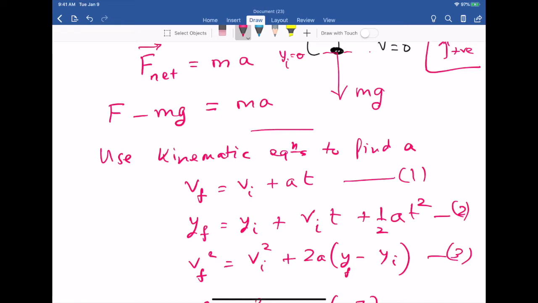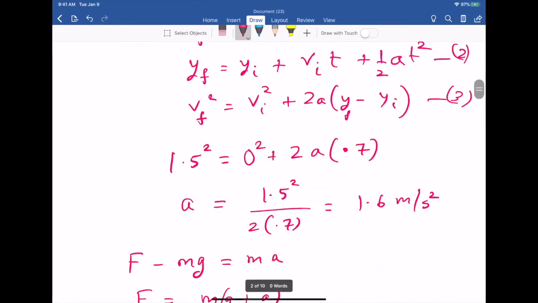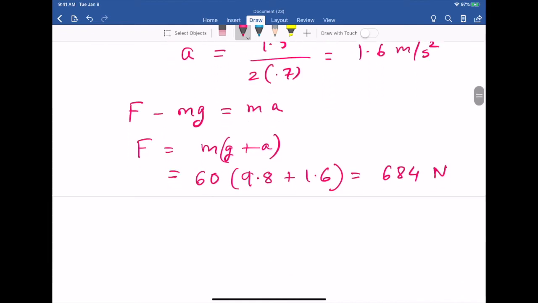So you have already taken the direction of g into account when you wrote down Newton's second law. That's the reason we have F minus mg, right? The negative is just the direction, so we've already taken it into account. There is no need to use negative anymore after that. So that is why you need to plug in positive 9.8.